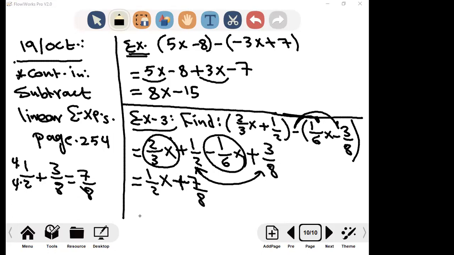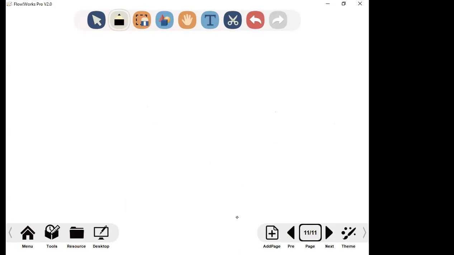Yalla, solve it. Yeah, done this example. Now let's go to the check after this example together.